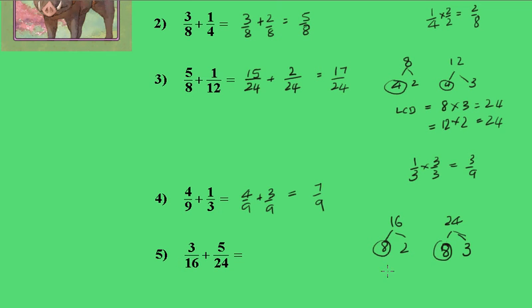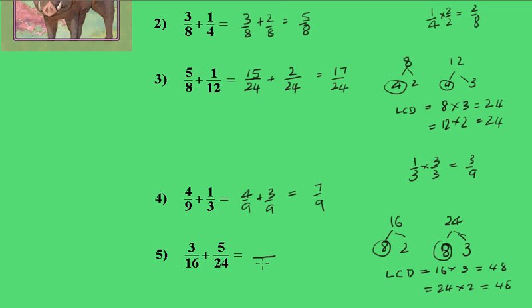Right, so now the lowest common denominator can be either 16 times the 3, giving you the 48, or you could have 24 times 2, which also gives you 48. 16 times the one not circled, 24 times the one not circled.